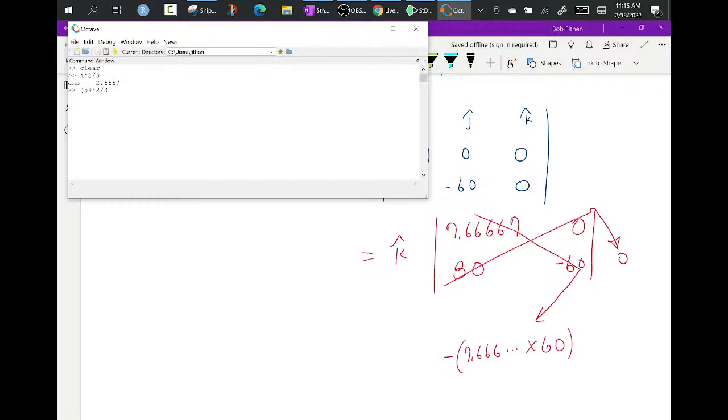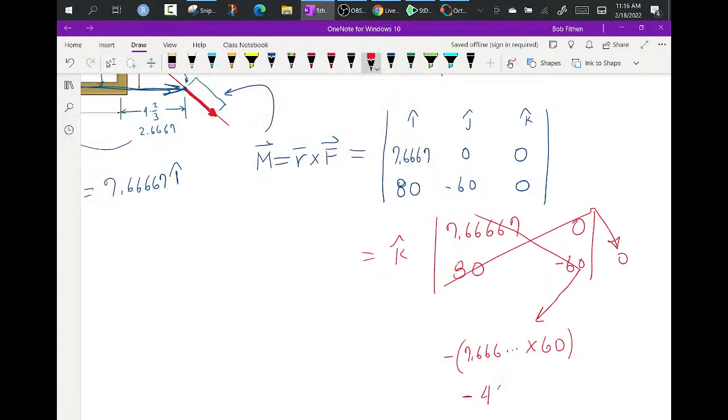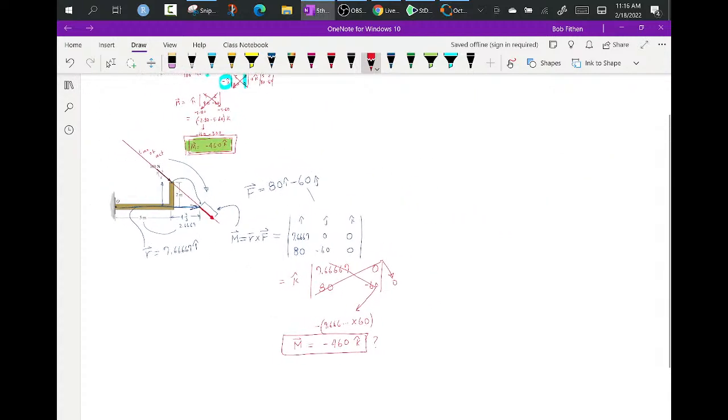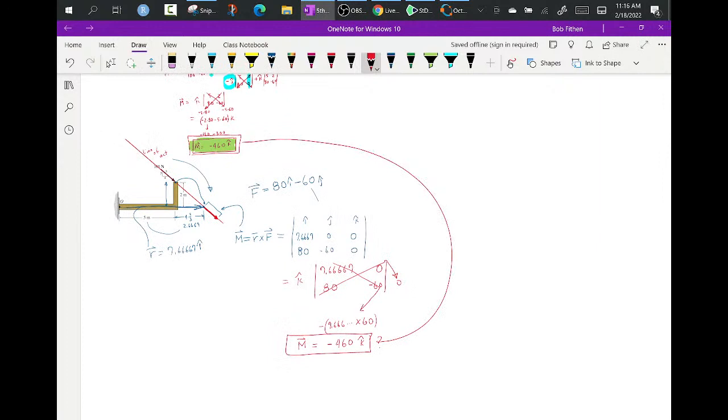Parentheses 5 plus 7.666 times 60, 460 minus 460. So the moment is equal to minus 460K. Interesting. Have we seen that before? And in fact, we have.